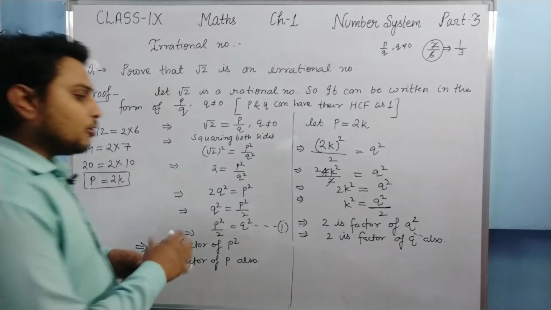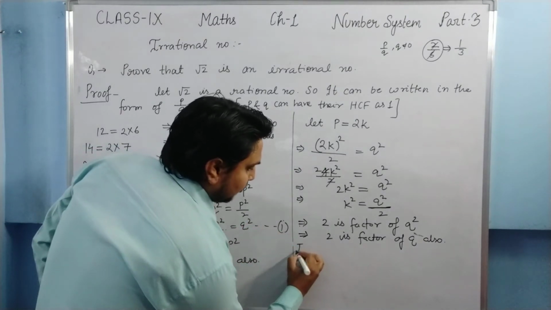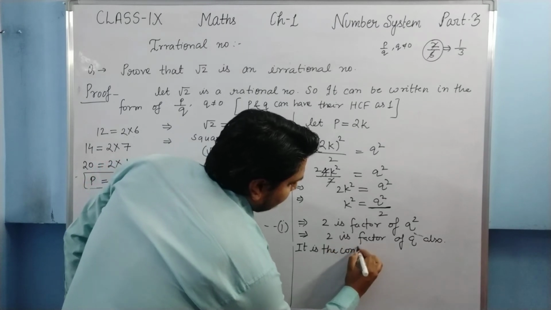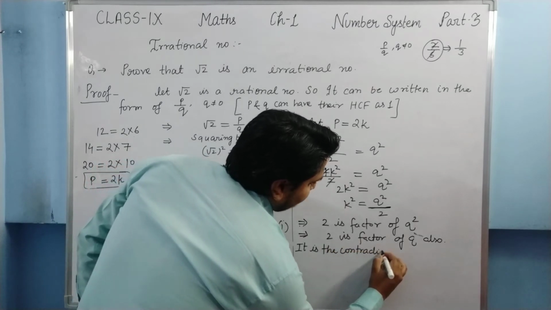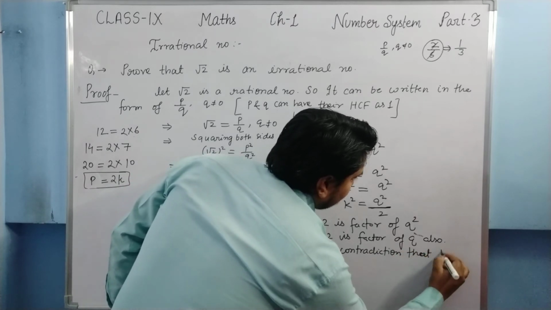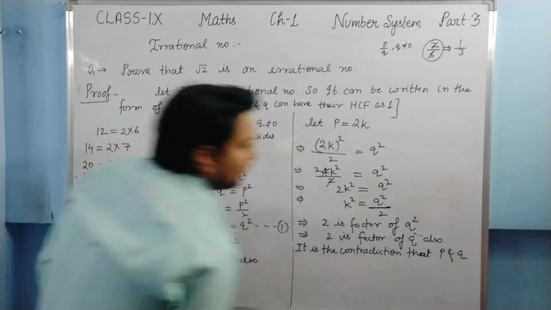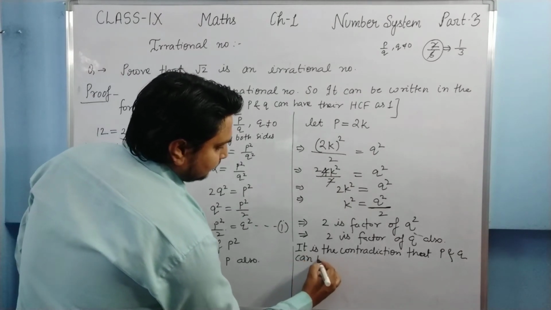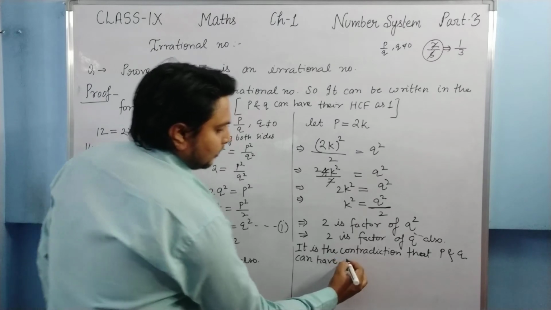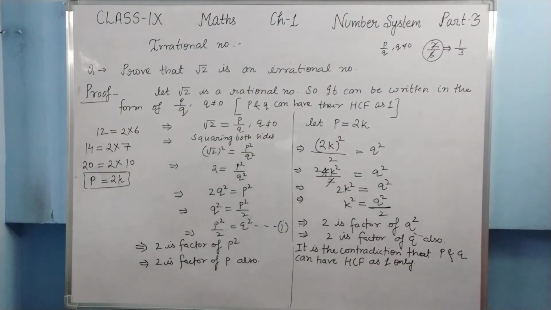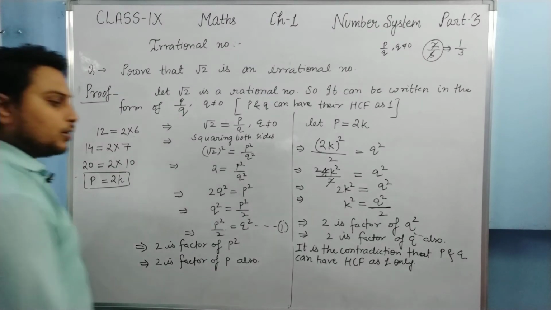So it is a contradiction. It is the contradiction that P and Q can have HCF as 1 only.